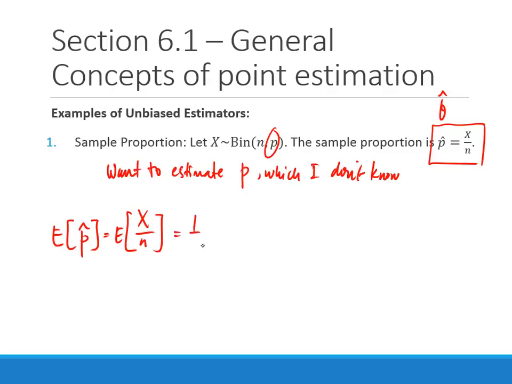So that's 1 over n times the expected value of x. And then what's the expected value of x for a binomial random variable? n times p, exactly right. So then the n's cancel out, and I do indeed have the expected value of p hat is equal to p.